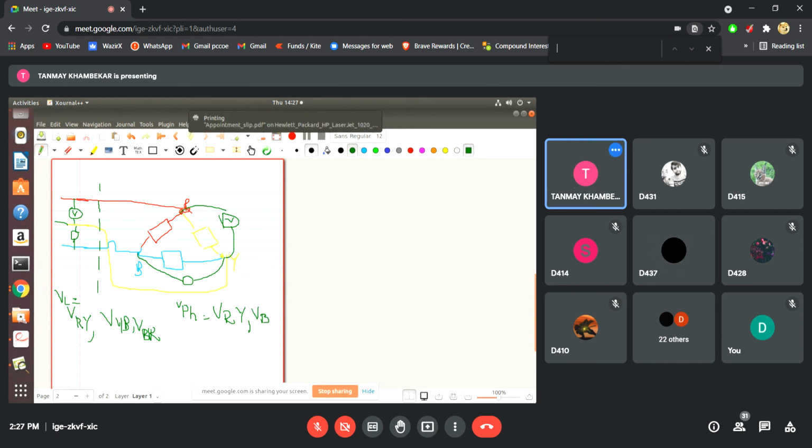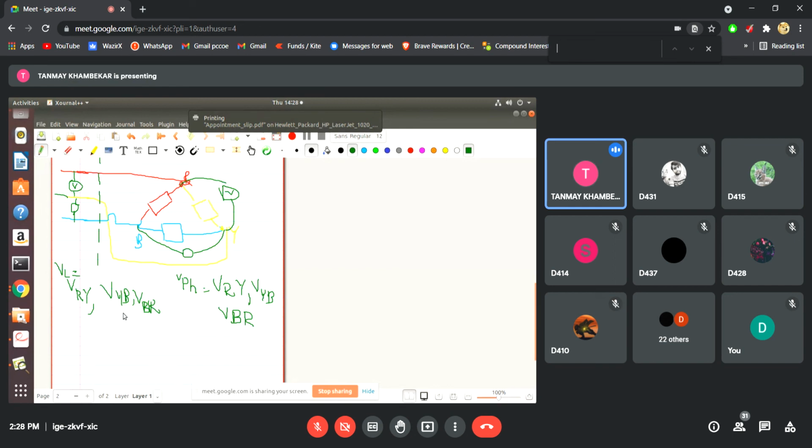VYB. And third will be VBR. So what can we see in case of delta? Is this the same? VL is equal to VPH.